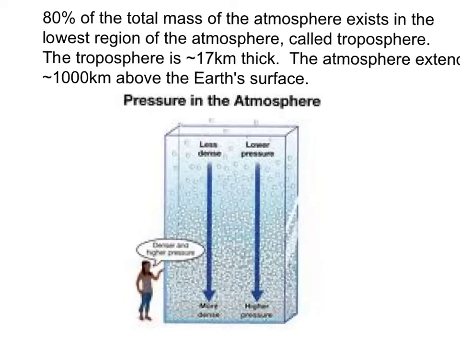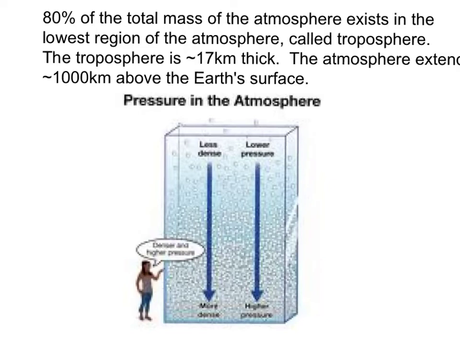The troposphere is roughly 17 kilometers thick at the equator. Up by the poles, it's much thinner, only roughly about 7 kilometers thick. But the thing you should find interesting is that the atmosphere itself extends to roughly 1,000 kilometers above the Earth's surface.